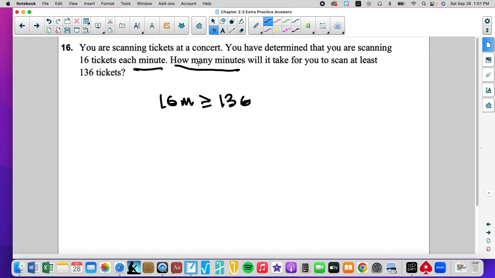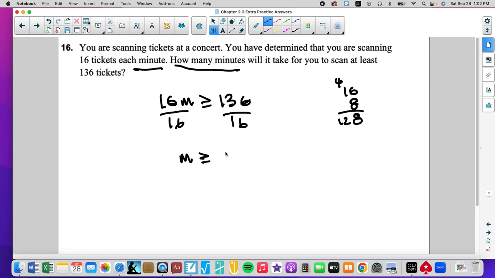So if I'm going to solve this, I'm going to write it like this. I'm going to divide both sides by 16. That leaves me with M is greater than or equal to... Oh, I don't know my 16 times tables. So I'm going to do 6 times 8 is 48. That's 128. That's pretty close to 136. Or I could take it as a fraction.